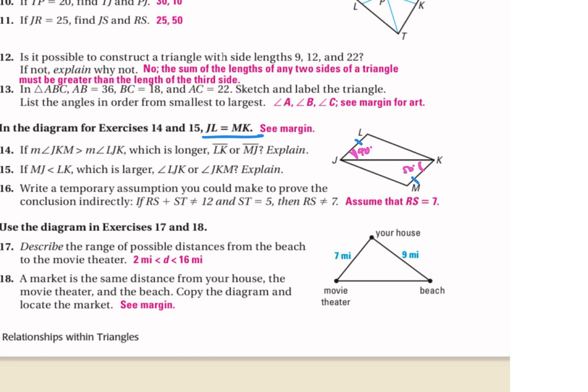And then they share that reflexive side, which means you have side angle side here, or the hinge theorem, which says that if two sides are congruent and the angle between one pair is bigger than the angle between the other, then the side opposite the bigger angle, JM, is going to be bigger than the side opposite the smaller one, which would be JK. So MJ, or JM, is the bigger one because it's opposite the bigger angle.